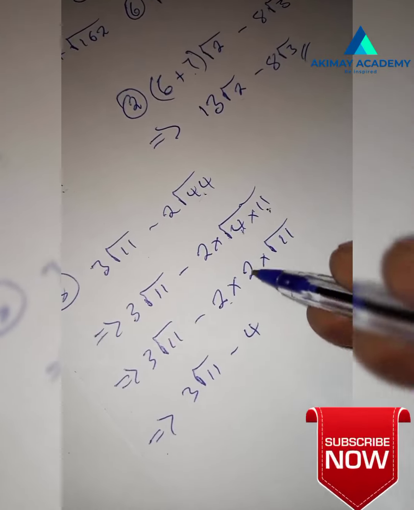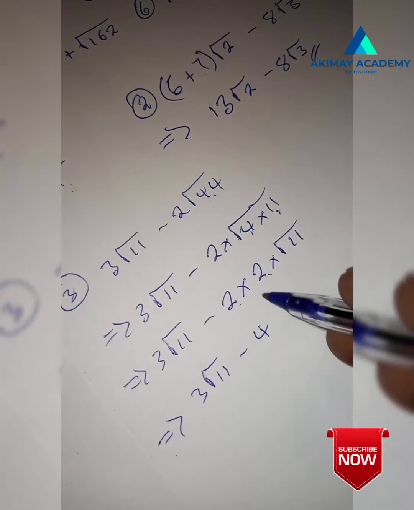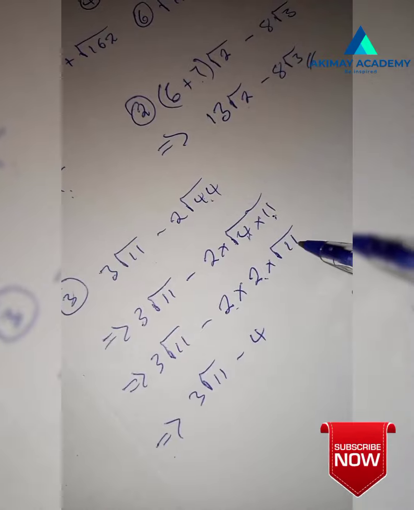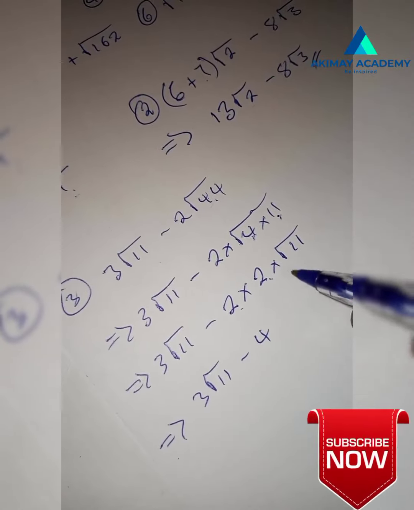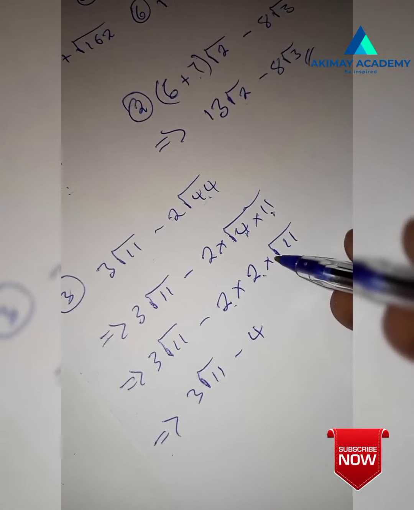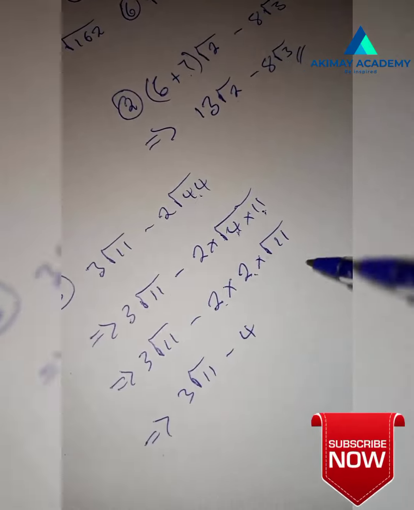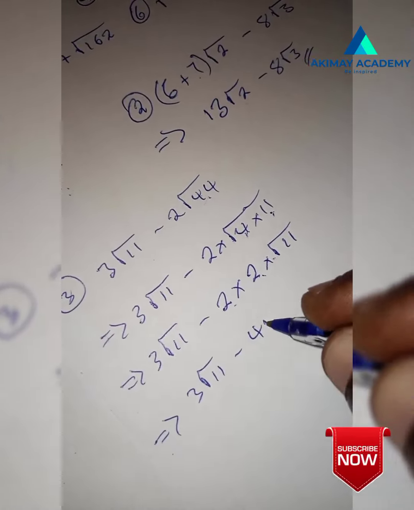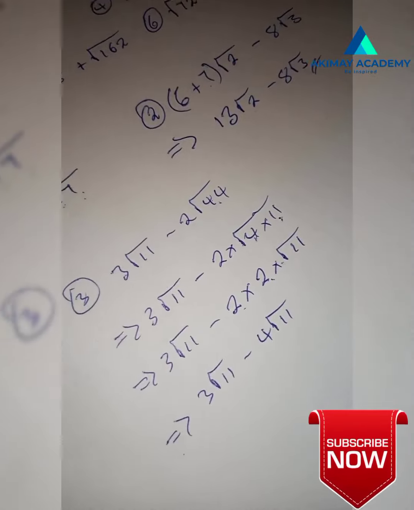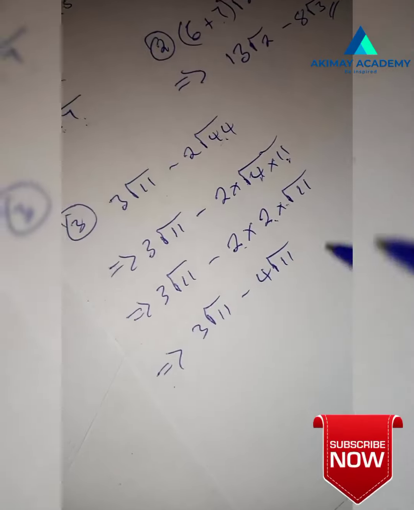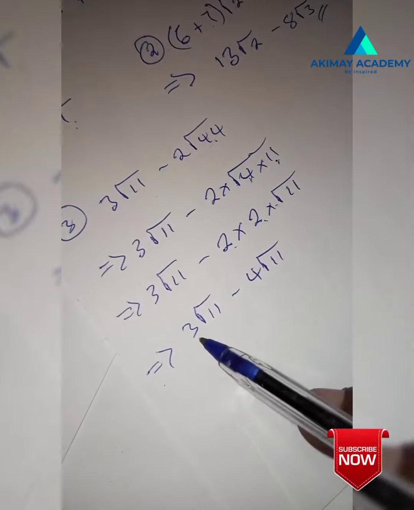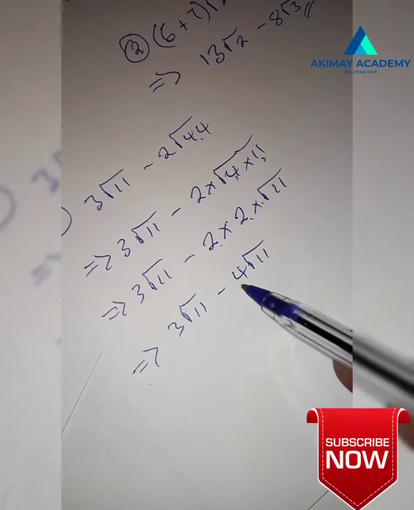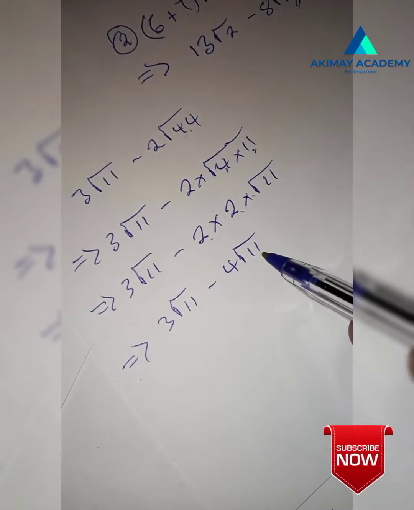As we just stated earlier, there's a 1 here. Because this is a rational number, we can multiply it by the number outside. So you multiply it by what? The 1 here. So 4 times 1, we have 4. Then we bring the root 11. So at this point we can now see that we have 3 root 11 minus 4 root 11.